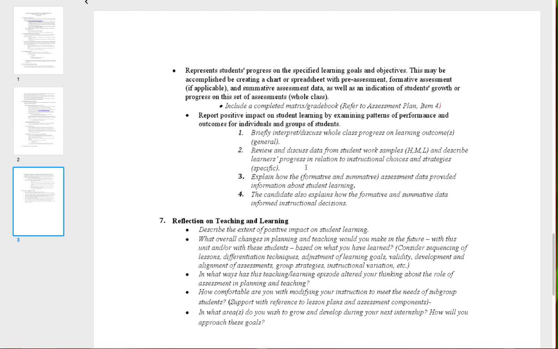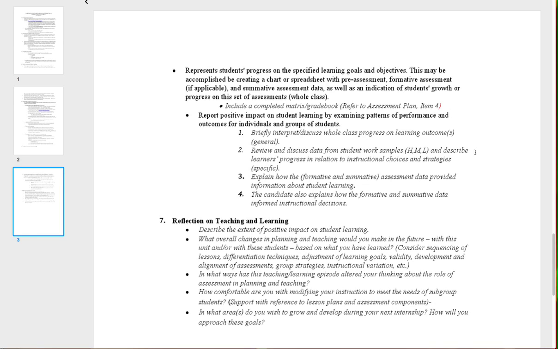You may have their journal, you may have their summative rubric. Whatever data that you have, I want you to look it over and be really specific about how they did. You might want to talk about academic achievement, 21st century skills, engagement, motivation, and talk about what strategies really worked for them. You don't need to include too much student work here.